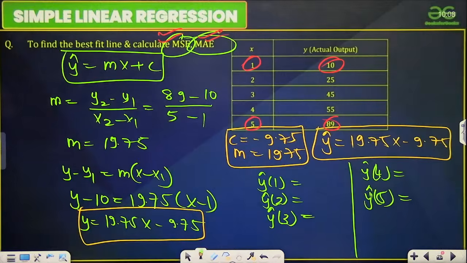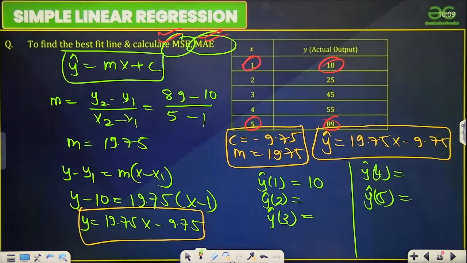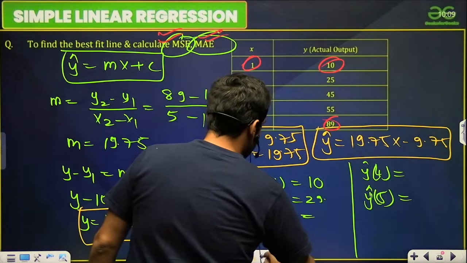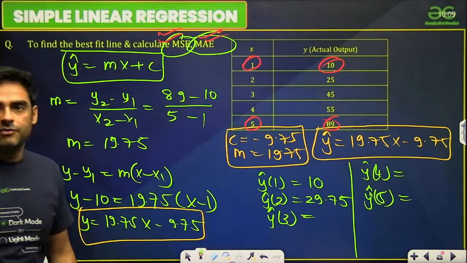As soon as I put x equals 1, I would be getting y hat 1 as 10. Now just put x equals 2 here, so you would be getting the value of y hat 2 as 29.75.